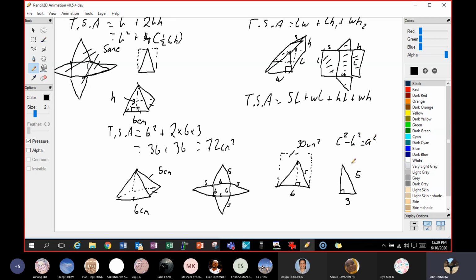I want to find the shorter side. 5 squared minus 3 squared equals a squared. So 25 minus 9, the area of this has to be 16. The square root of 16 is 4. So therefore, you're going to find that that length is 4. So now I know that my actual slanted height is 4.